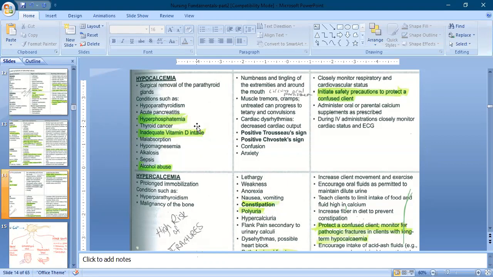When hypoparathyroidism occurs, the parathormone goes down, and parathormone raises the calcium, so calcium also goes down, and the patient develops hypocalcemia.